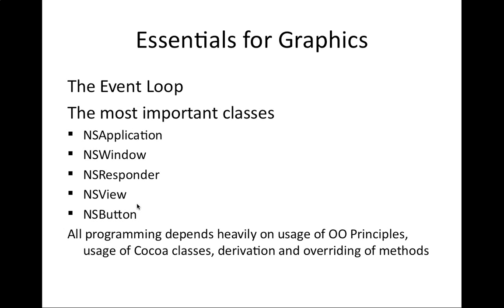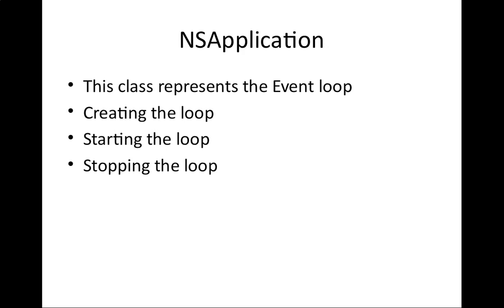All programming depends heavily on the usage of object-oriented principles, using Cocoa classes, derivations, and overriding of methods. So we override the methods of the built-in classes to get the functionality that we want. As an example, we've seen the touch up inside. For a button, we're really overriding the method.